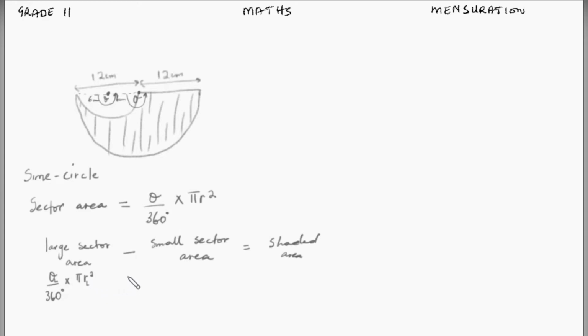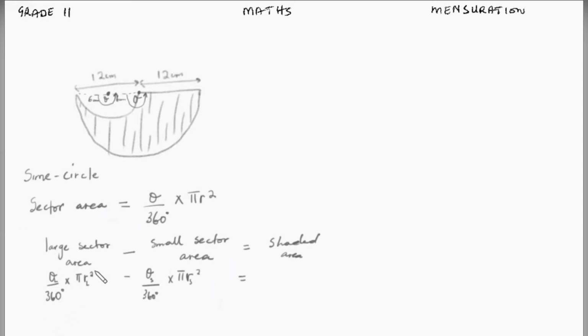Then we subtract theta of the small sector divided by 360 degrees times pi times the radius of the small sector squared. That will give us the area of the shape. Now let's see what we can do here. Let's substitute the numbers.